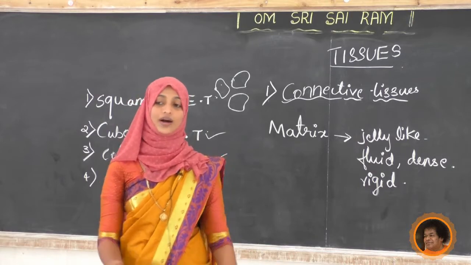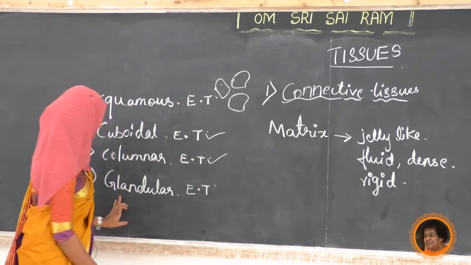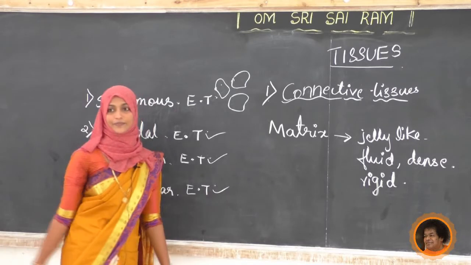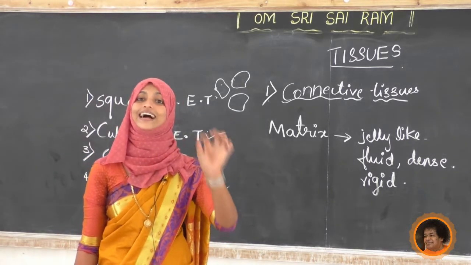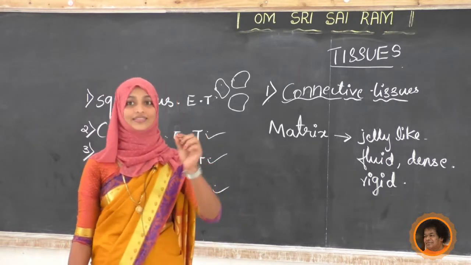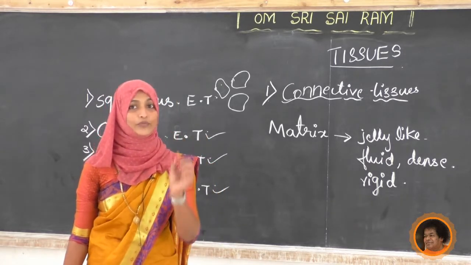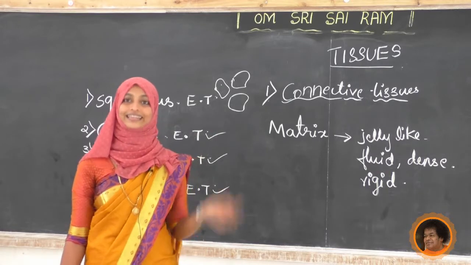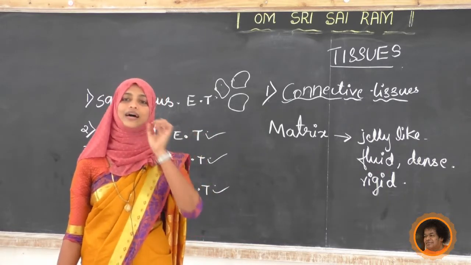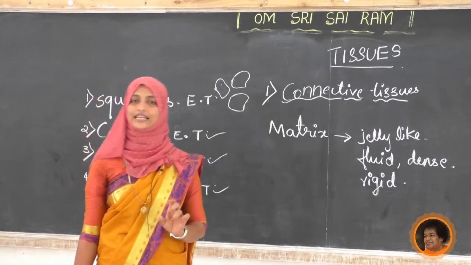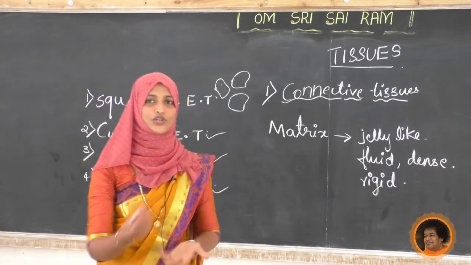Next, the fourth one is the glandular epithelium. What does glandular mean? The name itself indicates it. Where are these epithelia present? In glands. Gland cells or gland tissues have glandular epithelial tissue. What is the function of a gland?